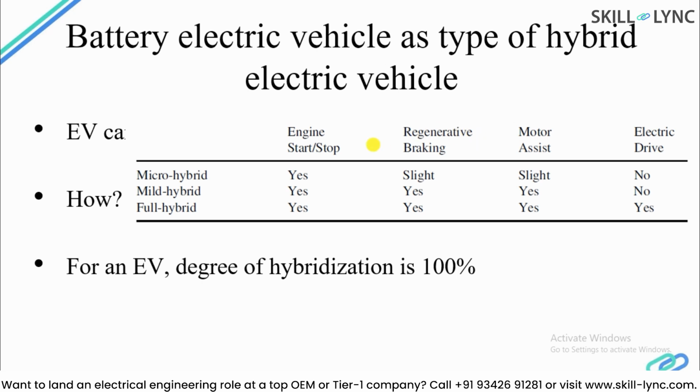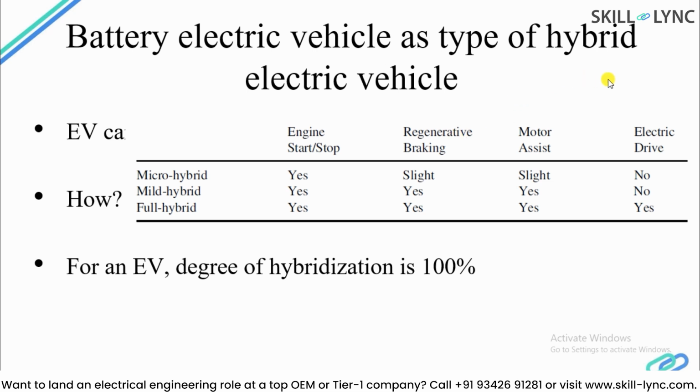The fundamentals: regenerative braking is when the vehicle is decelerating, the kinetic energy stored in the vehicle can be taken back and stored in the battery. That is called regenerative braking.